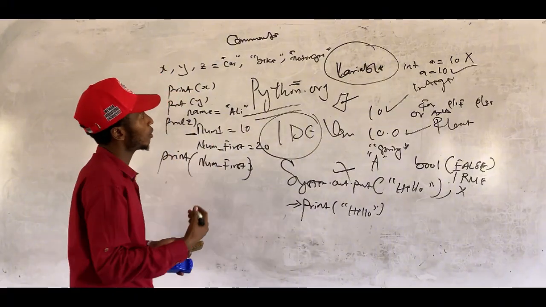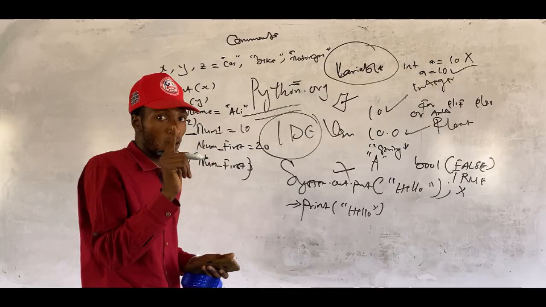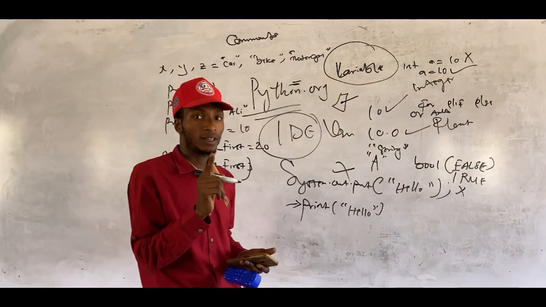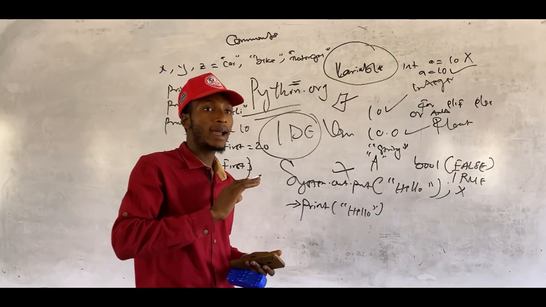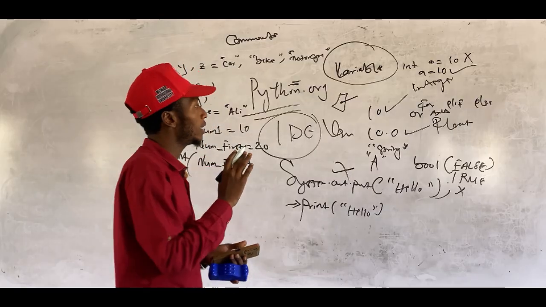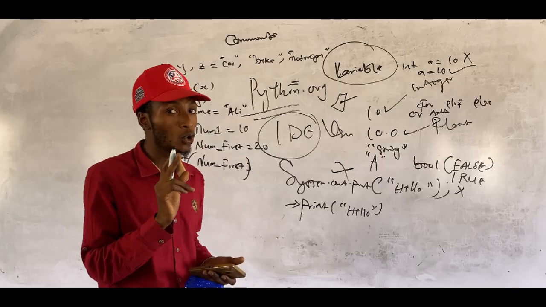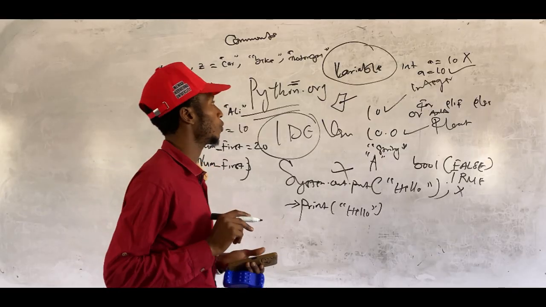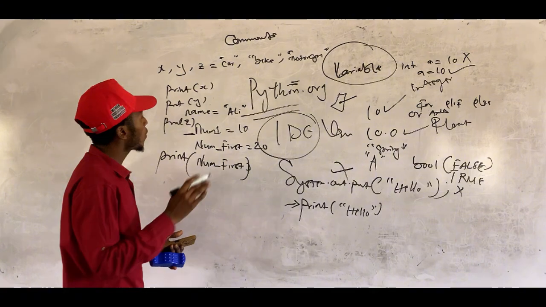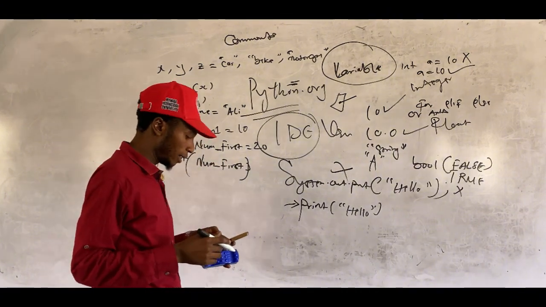So how can you write a comment? And mind you, once you include a comment, the compiler, while compiling your code, usually neglects that particular comment. It will not interpret your code with that comment. So take note. So how can you go about writing a comment?